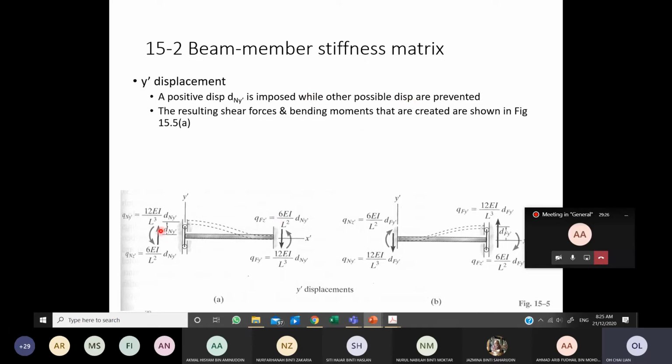This should be the fixed condition of this element, but now at the near end they release it and make this y' displacement possible. This means they allow this y' displacement, and they calculate the associated shear force and bending moment.